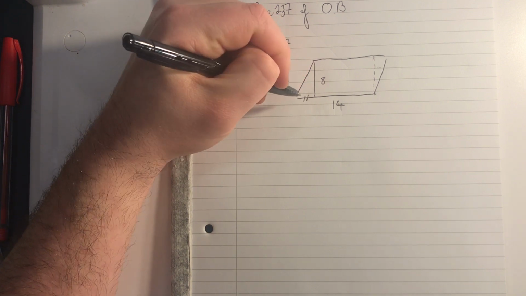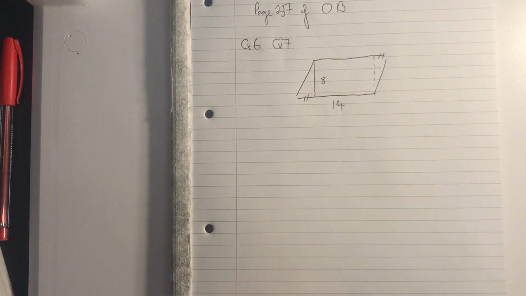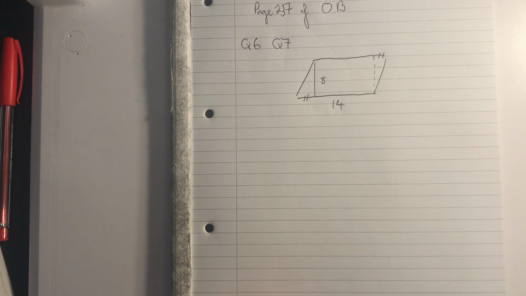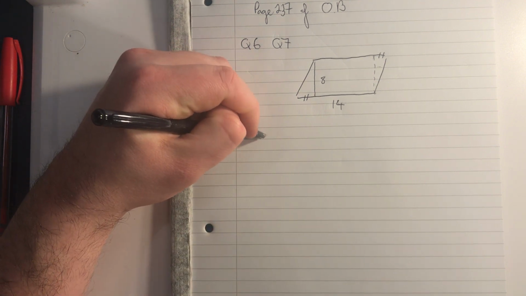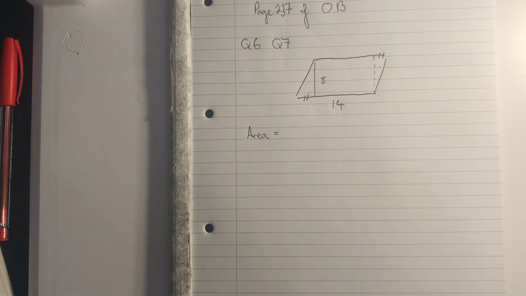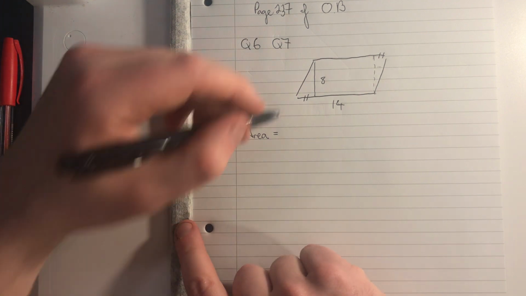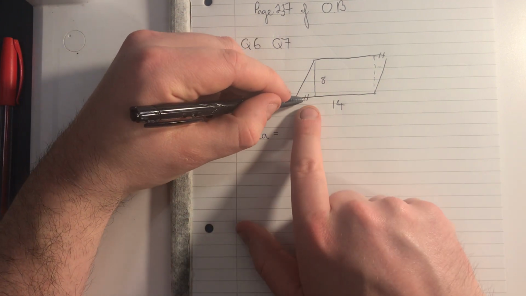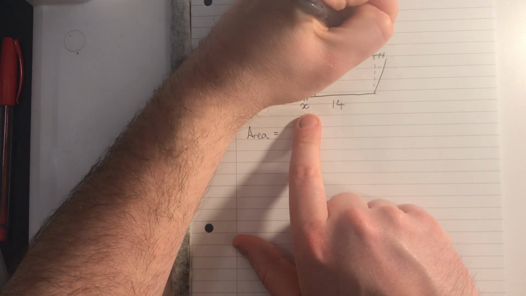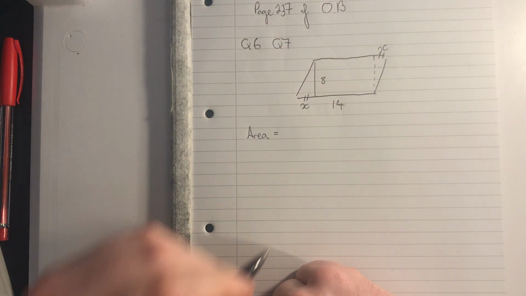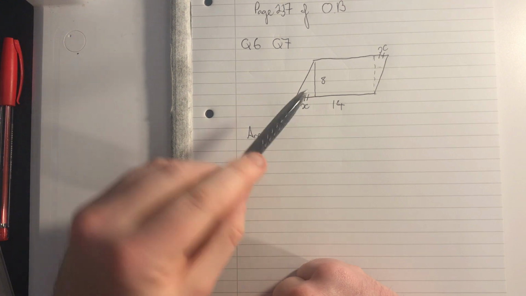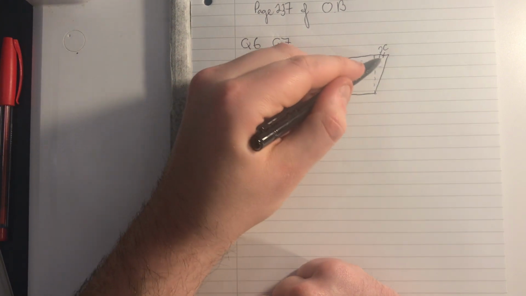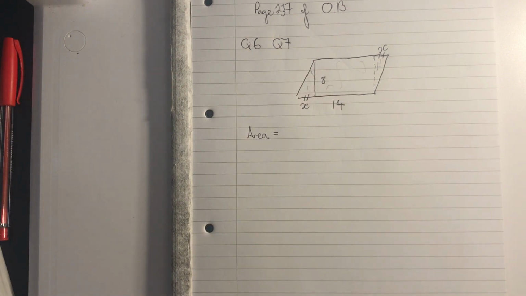That distance there is the same as that distance there, okay? So we're asked to find the area. Let's call that distance there x. So therefore that also is x. So to find the area of this parallelogram, it's going to be that area plus that area plus that area. So it's those three areas added together.